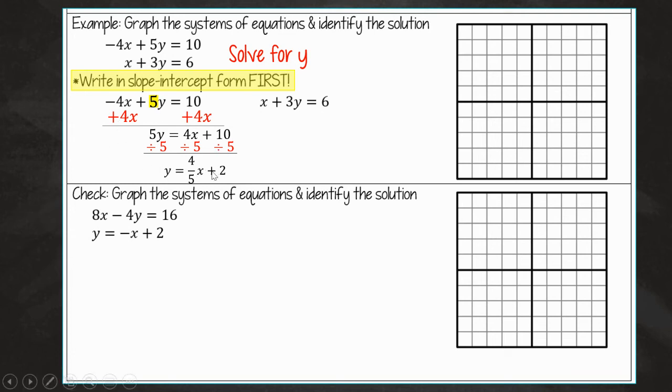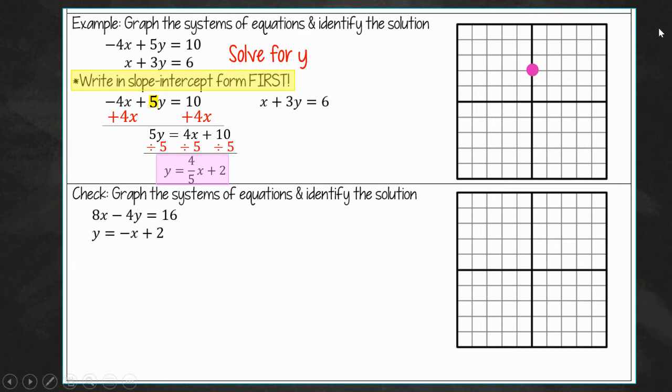Even though it has a fraction, it is not any different to graph, because remember that fraction is our slope. That's just telling us how we're moving on our coordinate plane. So I'm going to go to a positive 2 on my y-axis to represent my y-intercept. And I'm going to move 4 units up or down and 5 units left or right.